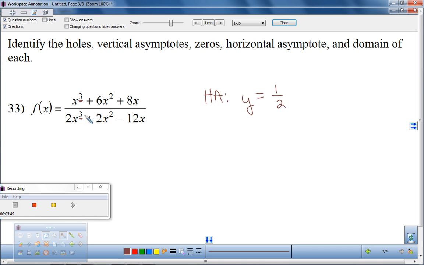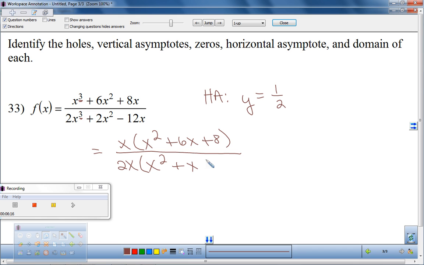Now we're going to have to factor. The top part, we're going to factor x out of both of these. I'm going to do it in steps so we can see it. On top, I'm factoring out x. I end up with x squared plus 6x plus 8. On bottom, I'm factoring out 2x so that we end up with x squared plus x minus 6. Now I'm going to break the top part and the bottom part down a little bit more.